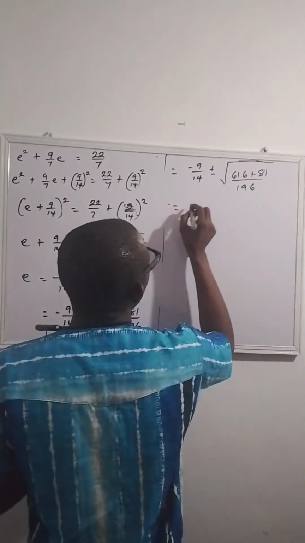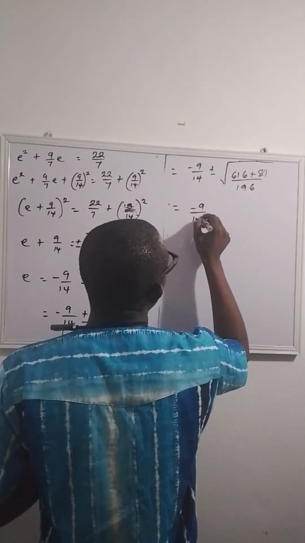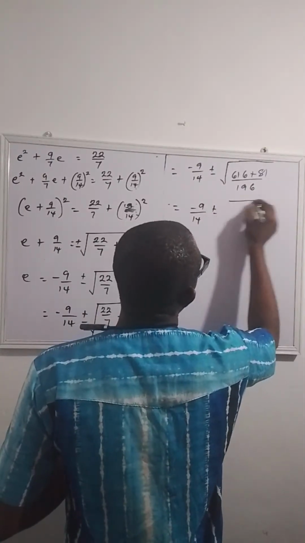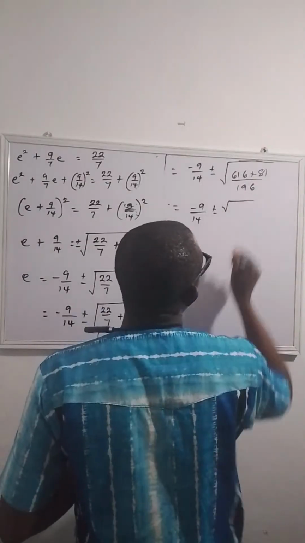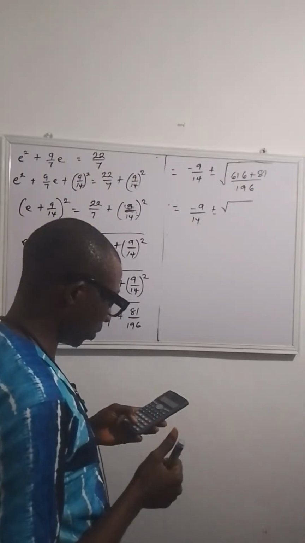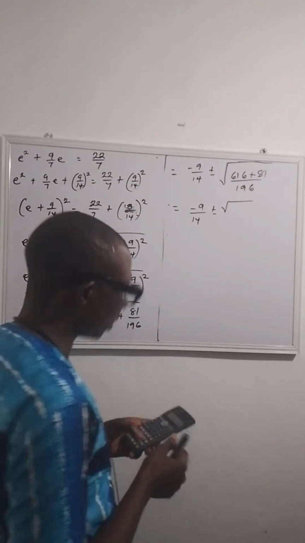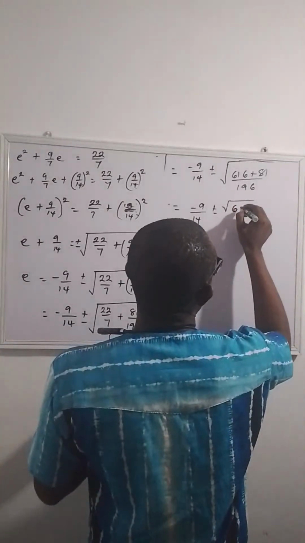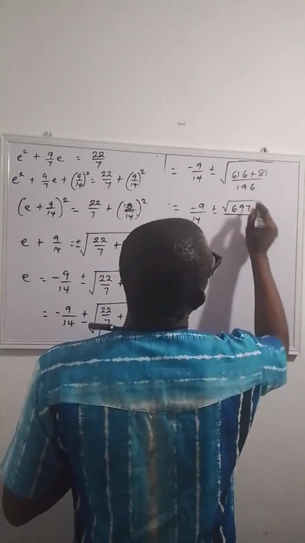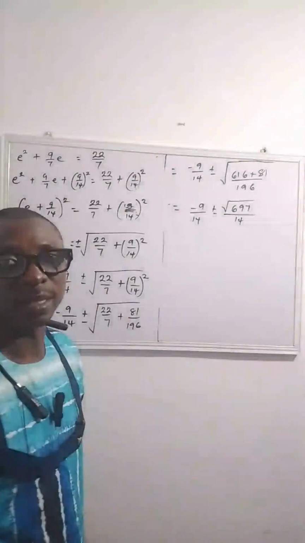Okay, so this gives us minus 9 over 14 plus or minus the square root of, now let's add the numerators together. 616 plus 81, that is 697. Okay, so over, now the square root of this is 14. All right, so you can write it that way.